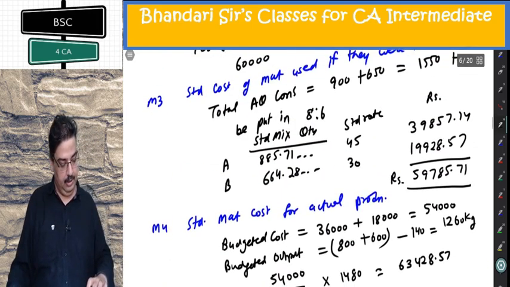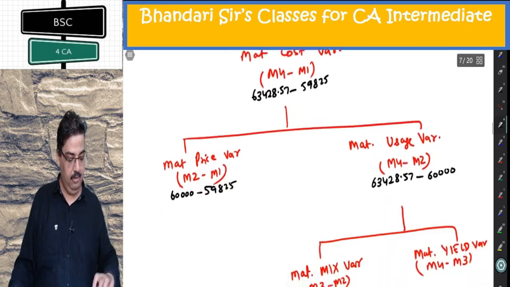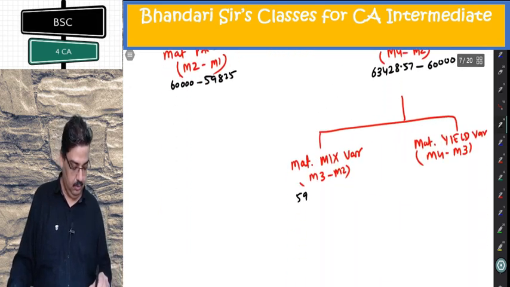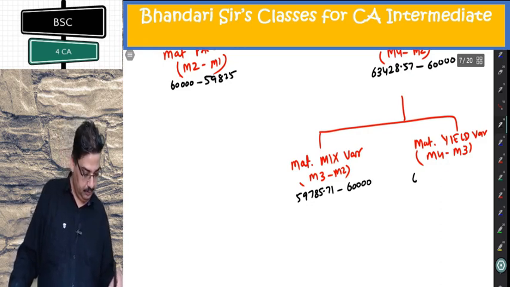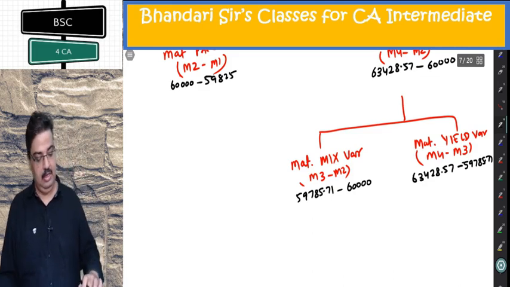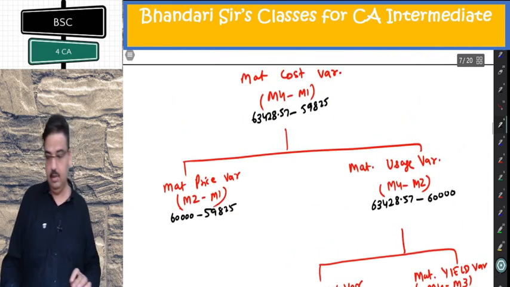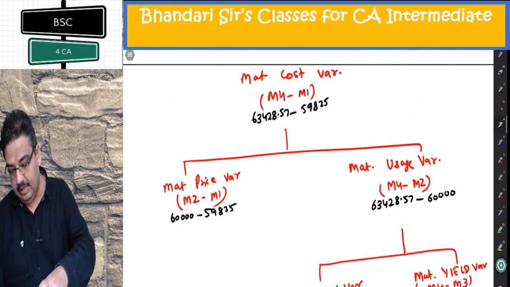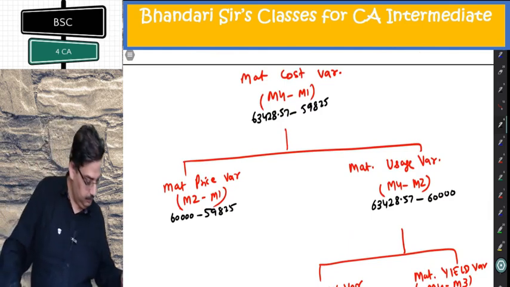M3 we computed 59785.71 minus 60,000. 63,428.57 minus 59,785.71. Let us calculate now. Cost variance asked, part 1 answer.